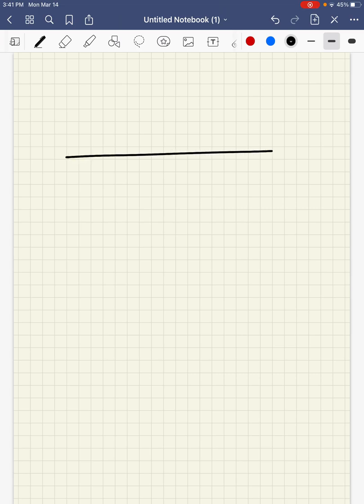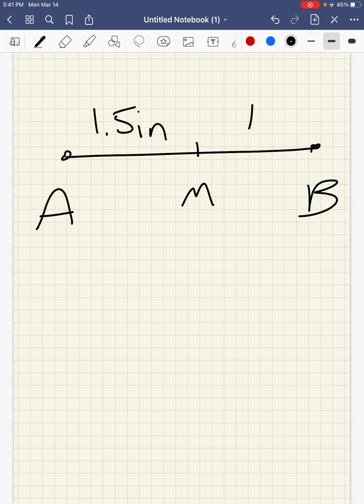So if I draw a line segment and call it AB, and I want to locate the midpoint, I'll just call it M. If I measure this and it comes out to be 1.5 inches, then this would also have to be 1.5 inches if M is the midpoint. So the midpoint of a segment divides it into two congruent line segments. They have the same measure. So we say that two segments are congruent if and only if their measures are exactly the same.